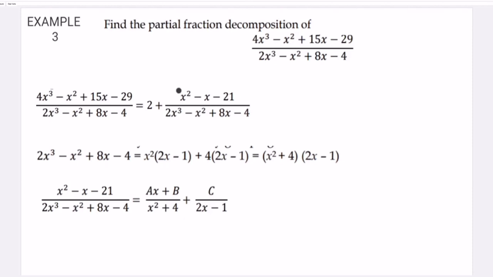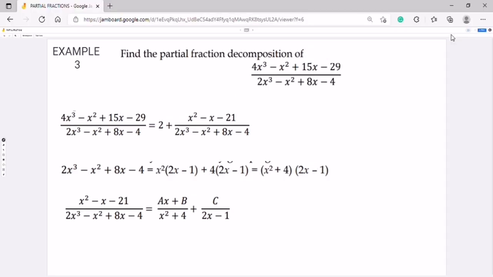The next step is we need to find the factored form of our denominator, 2x cubed minus x squared plus 8x minus 4.